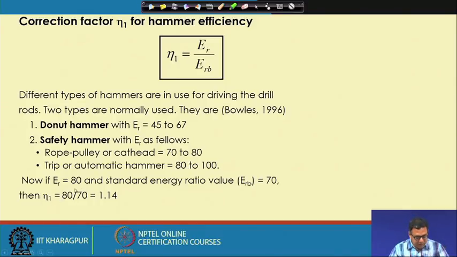That is why it is 80 by 70. Now, if our applied energy is less and we want to represent it at a higher energy ratio, then our N value will reduce. But here the standard energy is 70, which is less than the applied, so the N value will increase. So this is 80 by 70, 1.14.